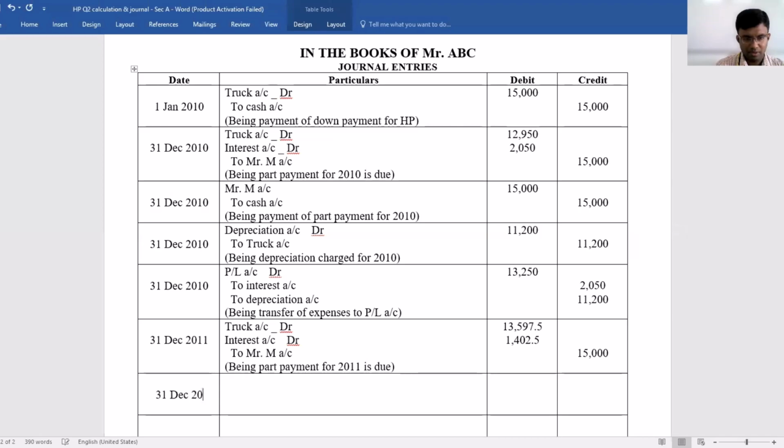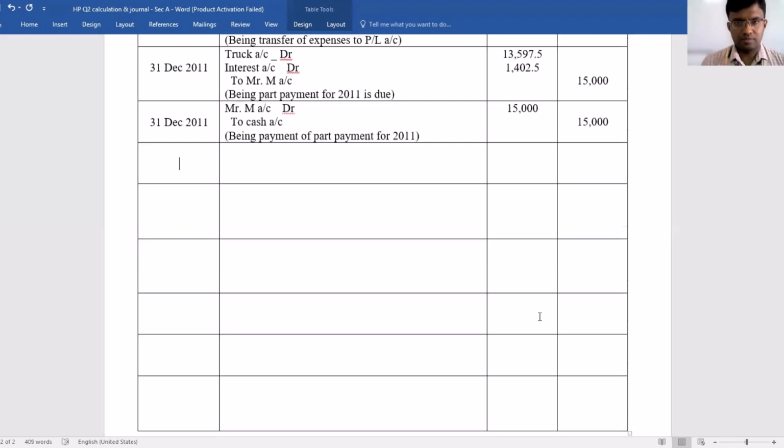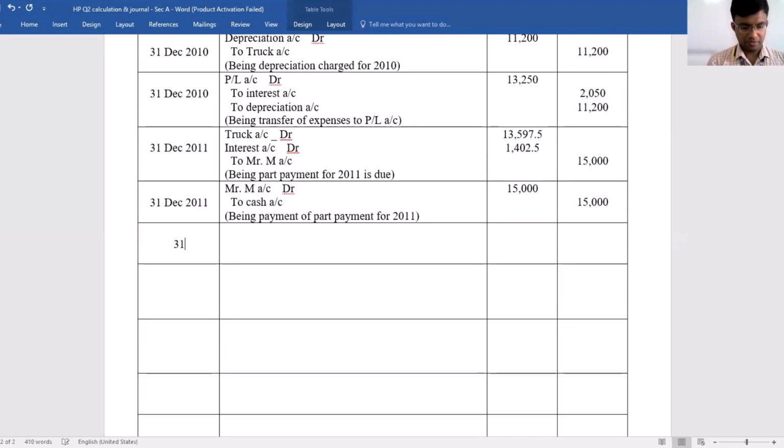Then 31st December 2011, Mr. M account debited to cash account, 15,000, being payment of part payment for 2011. 31st December 2011.